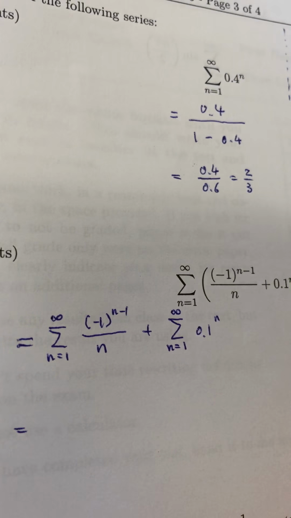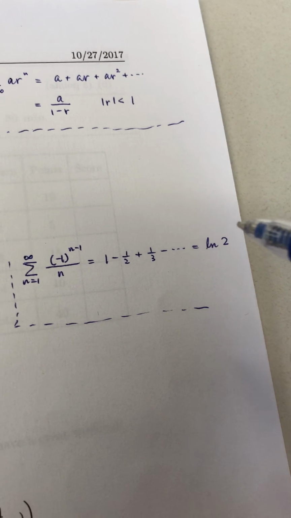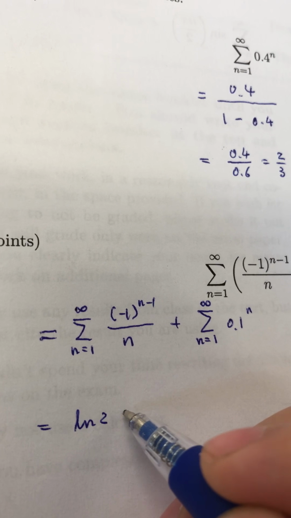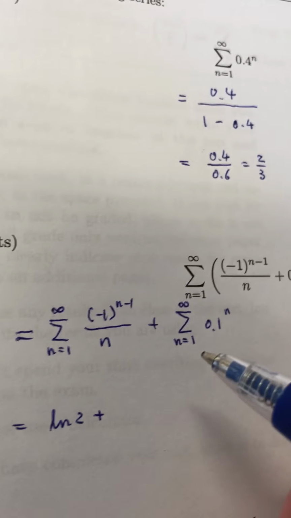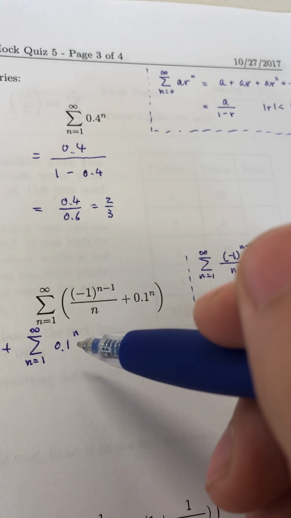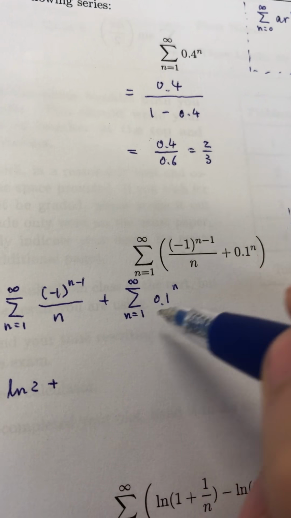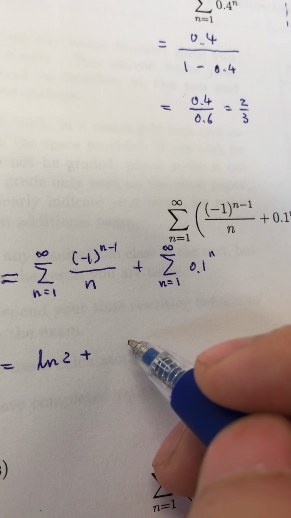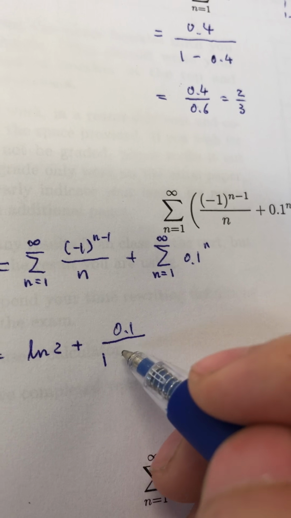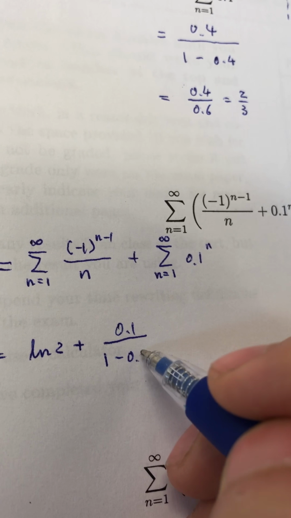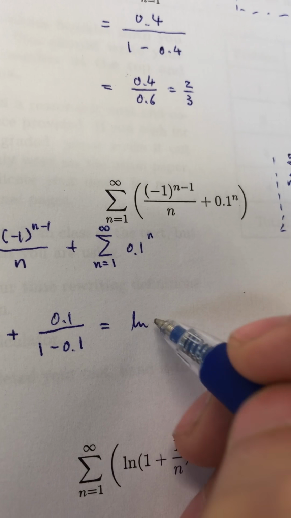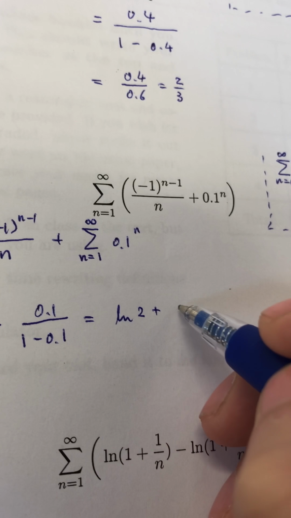For the first series, we know that it's equal to log of 2. For the second one, since you already wrote the formula here, you don't have to write it again. For this one, it's equal to a, which is 0.1, over 1 minus r, which is 0.1 again. And that will give you log of 2 plus 1 over 9.